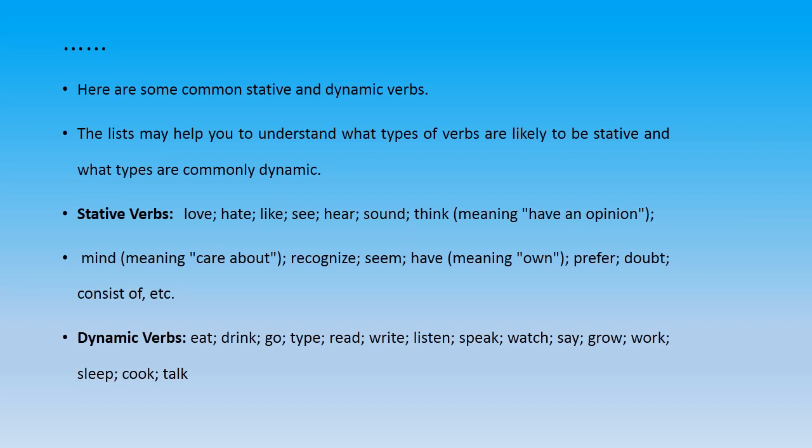The examples of stative verbs are love, hate, like, see, hear, sound, think, mind, recognize, seem, have, prefer, doubt, consist of. And the examples of dynamic verbs are eat, drink, go, type, read, write, listen, speak, watch, say, grow, work, sleep, cook, and talk.